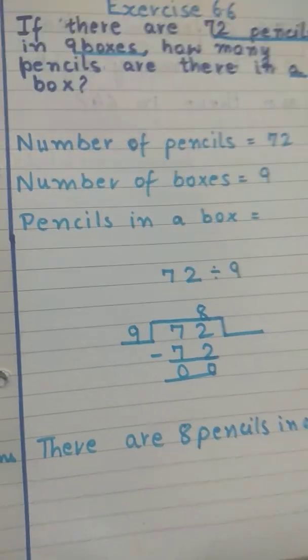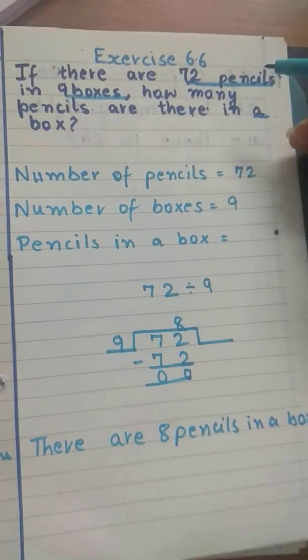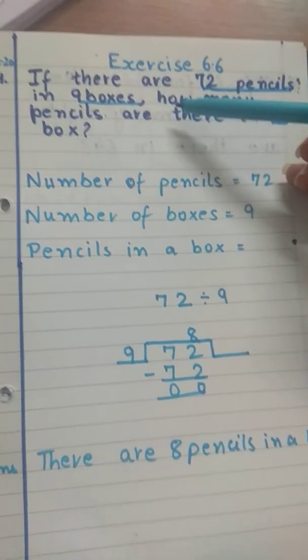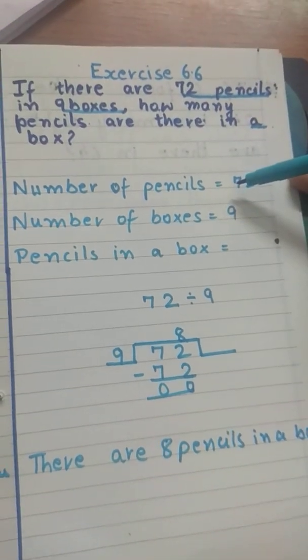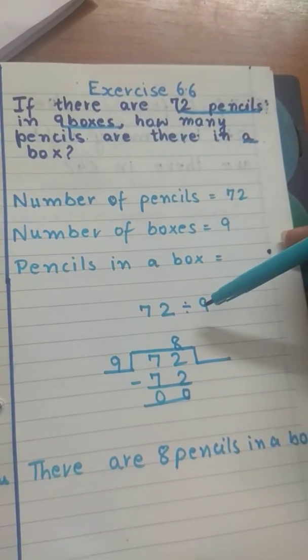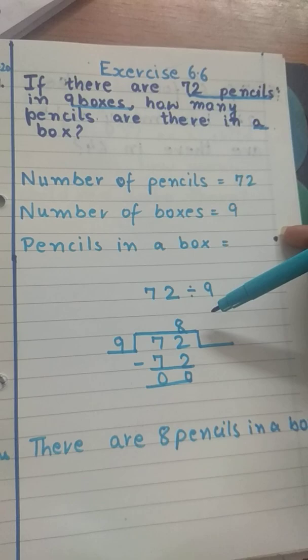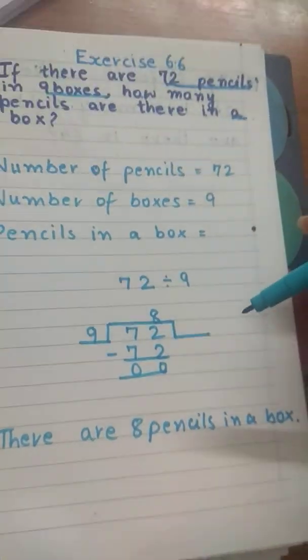Understood? Hope you understood the question. 72 pencils were divided in 9 boxes. So how many are there in one box? We took the total number of pencils, total number of boxes, and divided them. We got 8. So there are 8 pencils in a box.